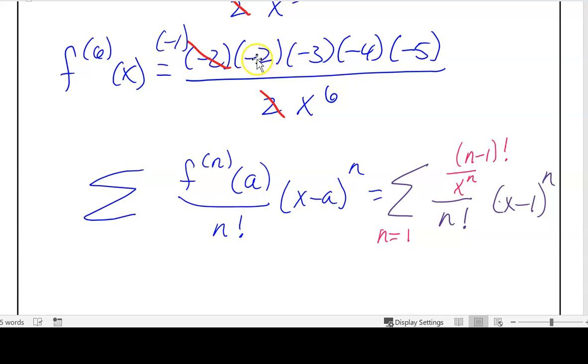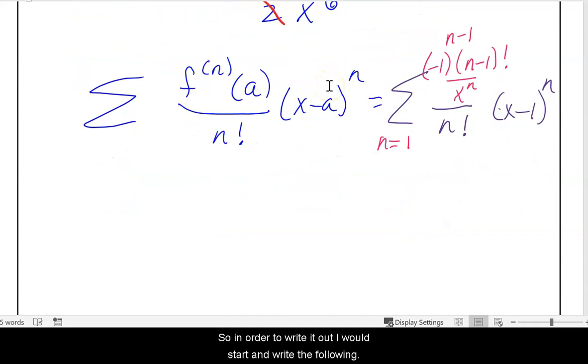So this is going to give me 1, 2, 3, 4, 5 negatives, which is the same number as the factorial. So then I can multiply this by negative 1 to the n minus 1 factorial. And it looks to me like that will generate all the terms in the series except the very first one.